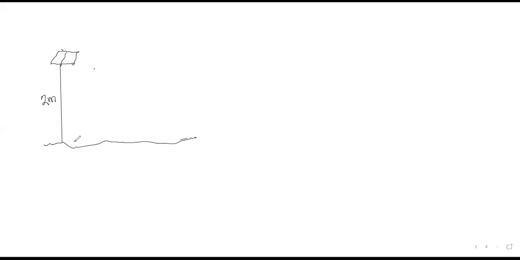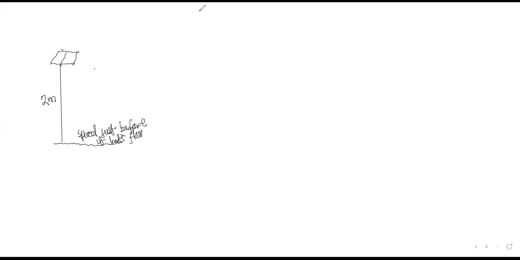So we are looking at the speed just before the book hits the floor. So speed V just before it hits the floor.